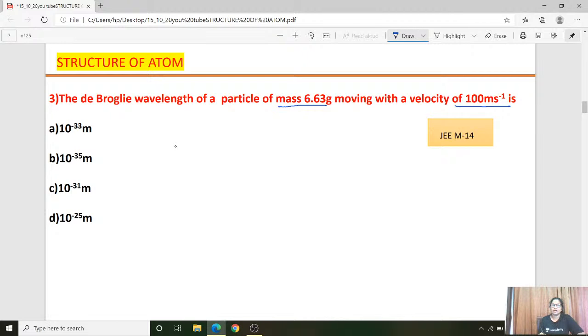So we need to try this question. Look here, student. Mass is given, velocity is given, and the de Broglie wavelength is asked. So de Broglie equation, isn't it? What is the de Broglie equation?